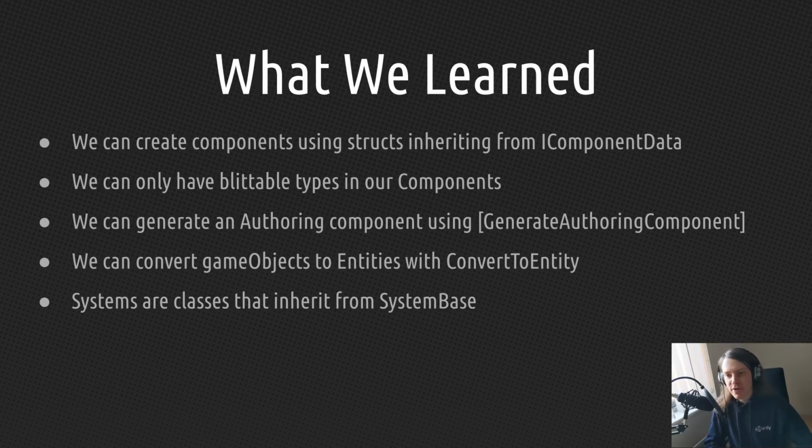We can find specific entities with Entities.ForEach, run it multi-threaded with Schedule, or on the main thread with Run. We can read component data with in and write component data with ref. We can use Unity.Mathematics and Unity.Transforms data types in ECS, and in fact we kind of have to. Instead of Transform, we use Translation, and we've got Rotation as well to modify our position and rotation. In the next lesson, we're going to learn a bit about physics in ECS.